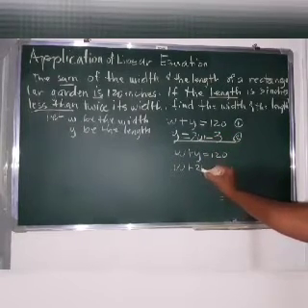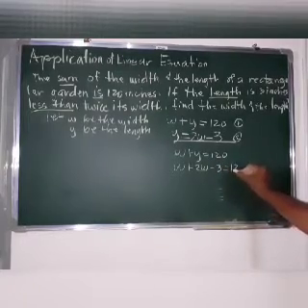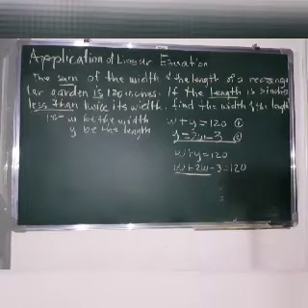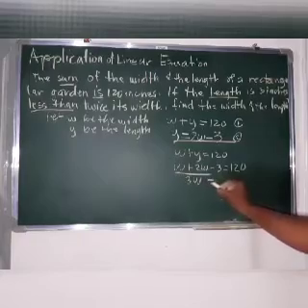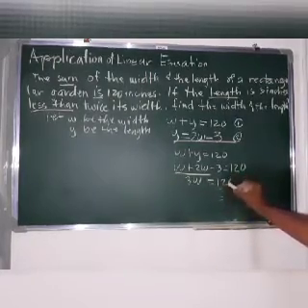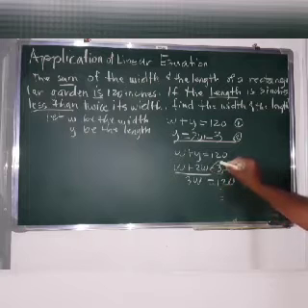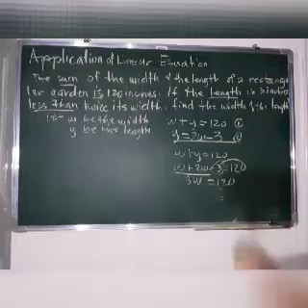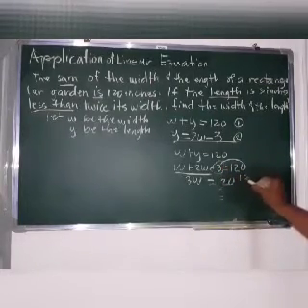So, W plus 2W minus 3 is equal to 120. 2W plus W is 3W, and we have negative 3 here. So we transpose negative 3 over the equal sign, and it becomes positive 3.